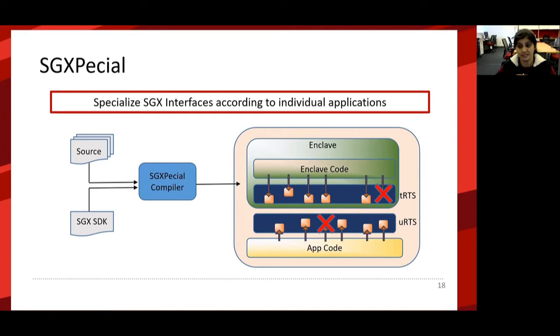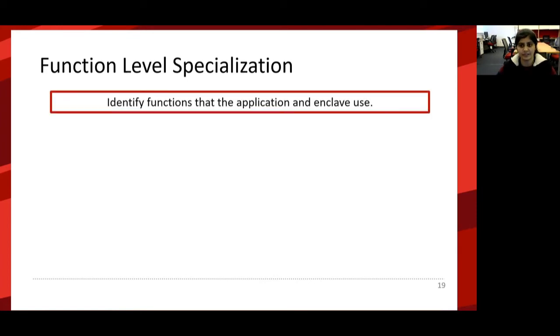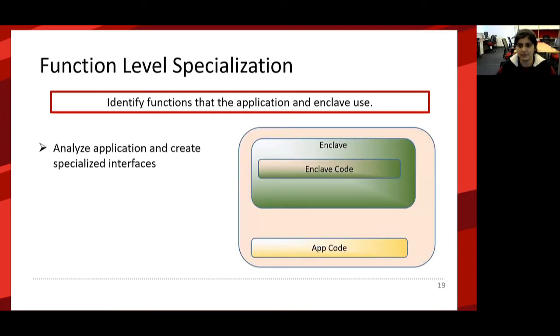Now, to perform this specialization, SGXPecial does three different levels of specialization, and in the next few slides, we will look at each one of them in detail. The first level of specialization is the basic one, which is called function level specialization. It is akin to function level debloating in applications, but with a slight difference that I'll discuss. SGXPecial analyzes the application source to create interfaces which are specialized to its needs.